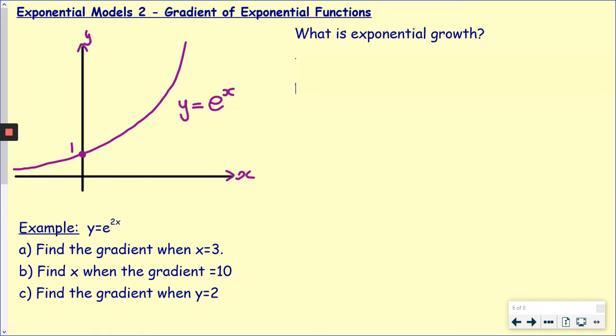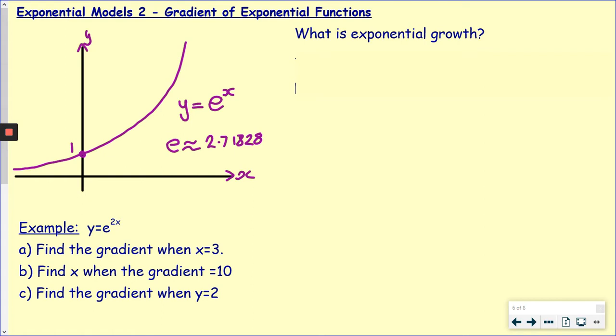Its decimal equivalent is a long, never-ending number, but it's roughly 2.71828, etc. The reason we use it is it has some really interesting properties that we're going to look at in just a moment.